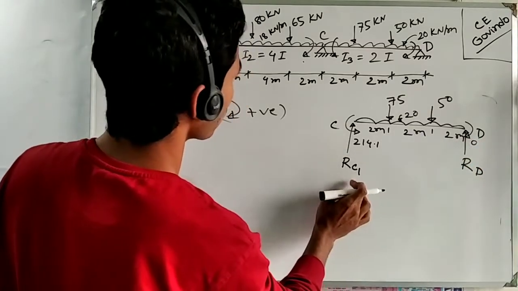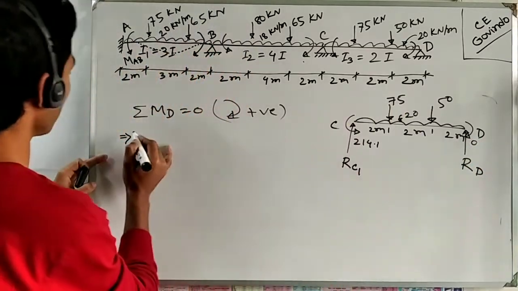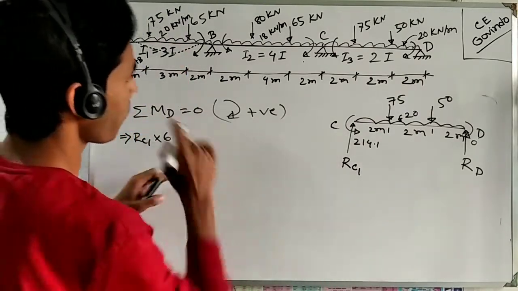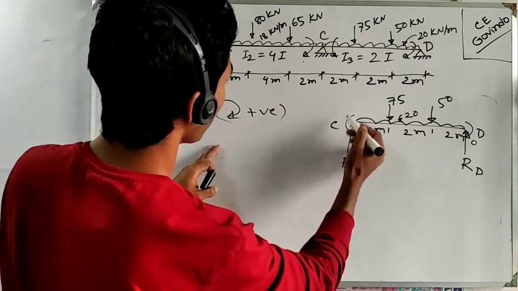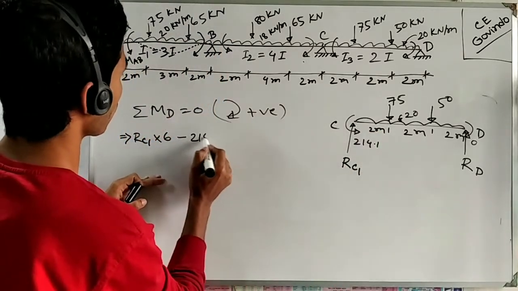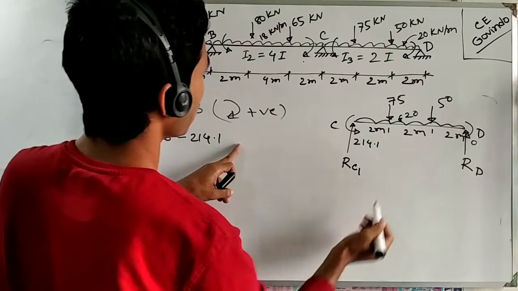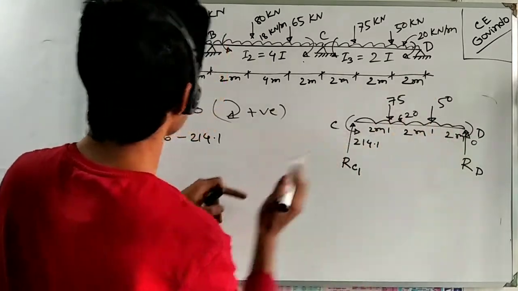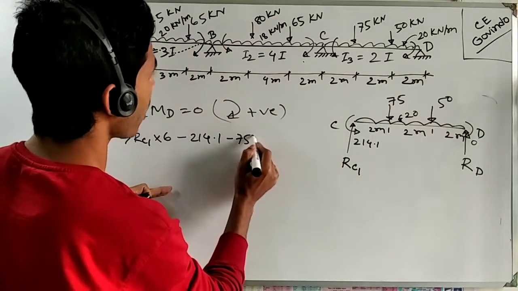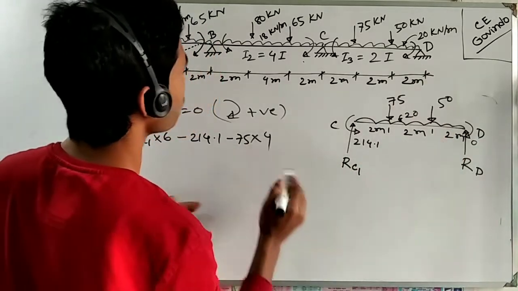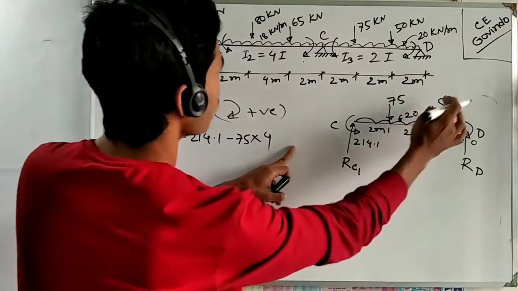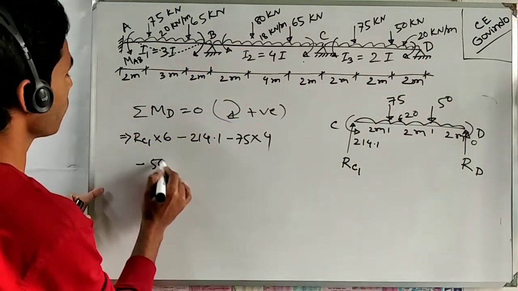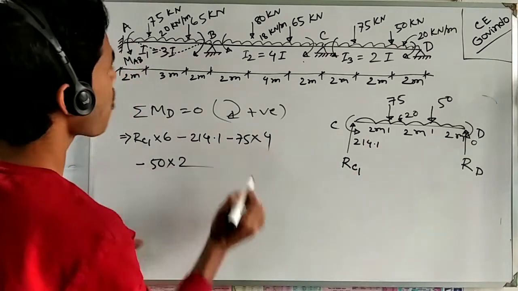So at this point, this will give a clockwise moment, which is RC1 times this distance, 6, and here we already have an anticlockwise moment, minus 214.1. At the same time, this 75 load will give an anticlockwise moment, which is 75 times 4, and this 50 kilonewton will also give an anticlockwise moment, so it will also be negative, 50 into 2.